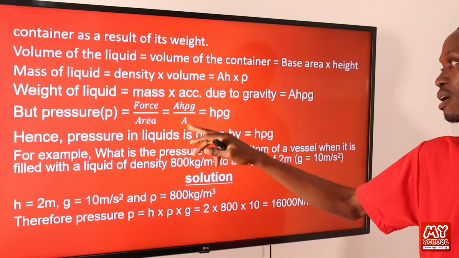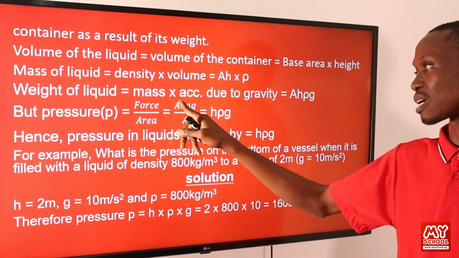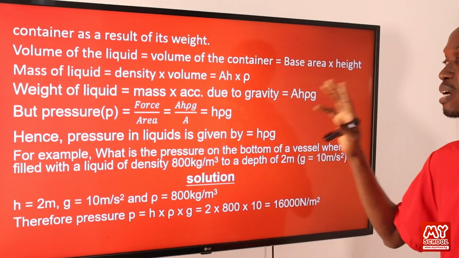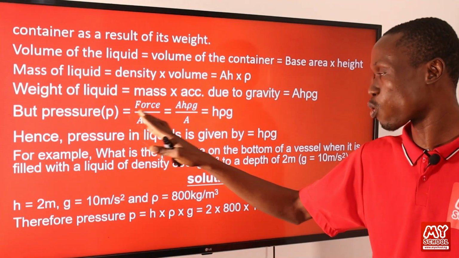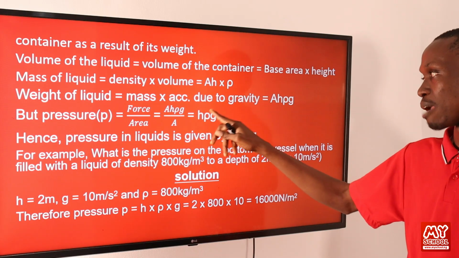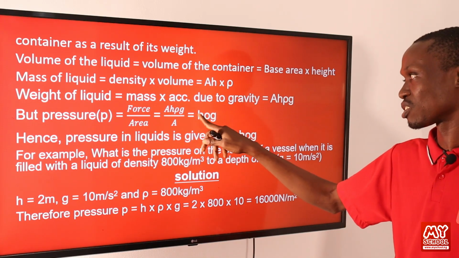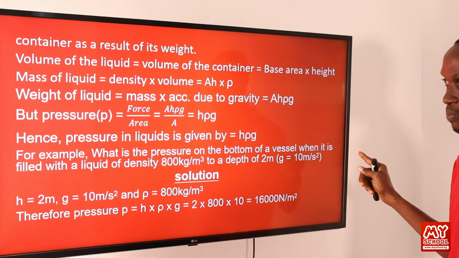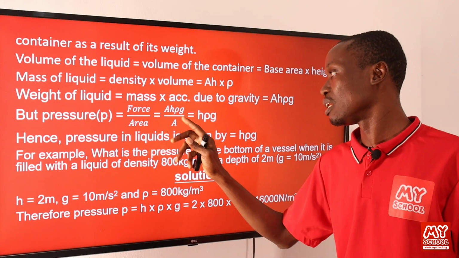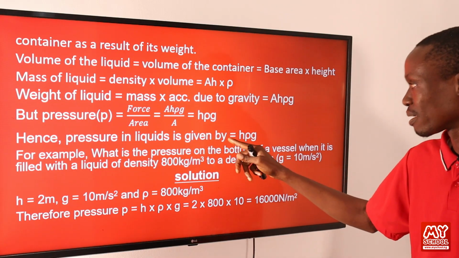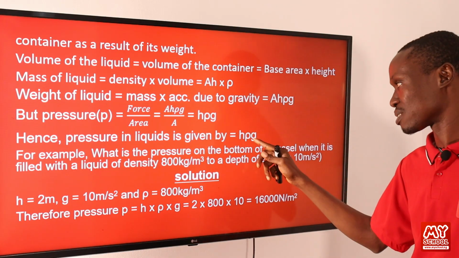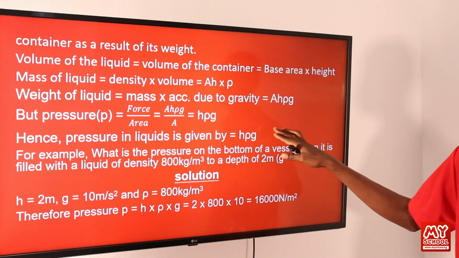Now, since we have area here and there's an area here, they will cancel out. So at the end of the day, pressure is now equal to depth times density times acceleration due to gravity, which is h times rho times g. Hence pressure in liquids is given by depth times density times acceleration due to gravity.